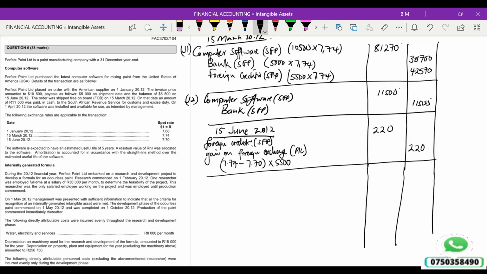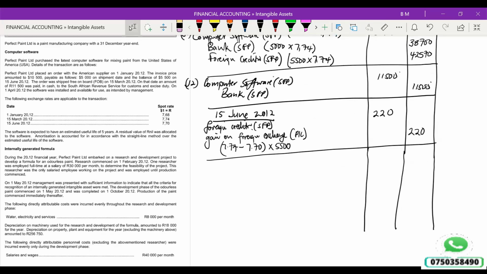Then from here, guys, what do I do? On this day, I paid. So I'm going to reduce my liability, foreign creditor, in the SFP. Then I'm going to credit bank, SFP.